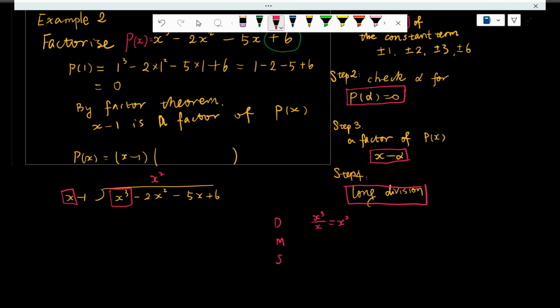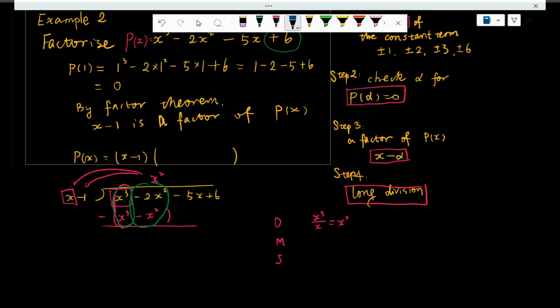Then we multiply it back. We will have x cubed minus x squared. Step 3, minus: show the minus sign and put all the others in brackets. Now when we subtract, make sure to do it vertically. Then the like terms will be in the same group.